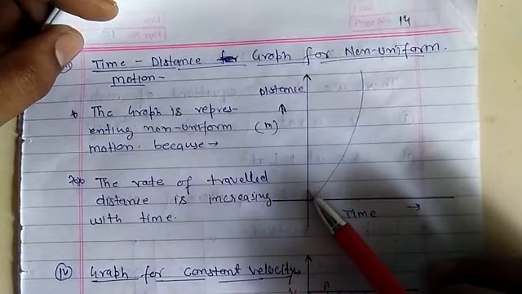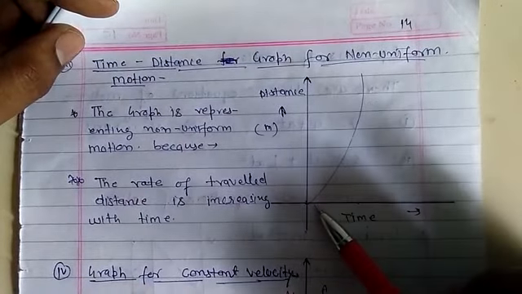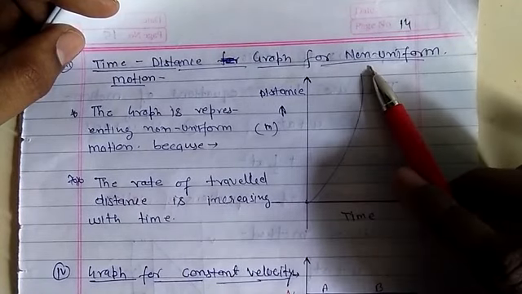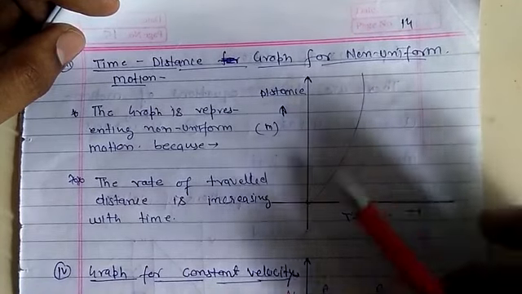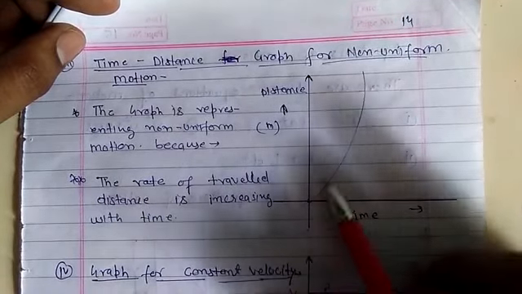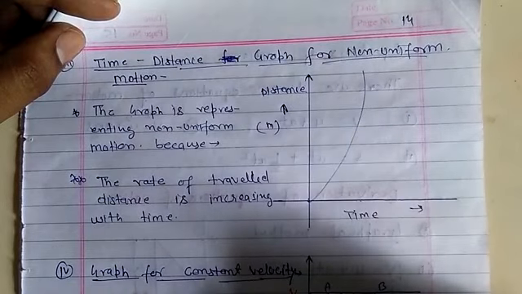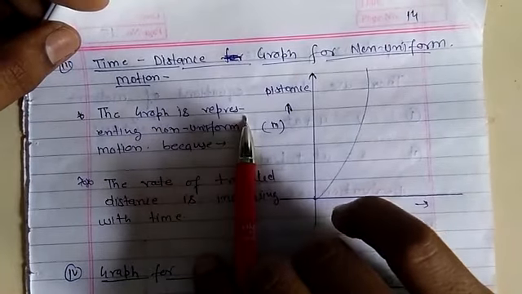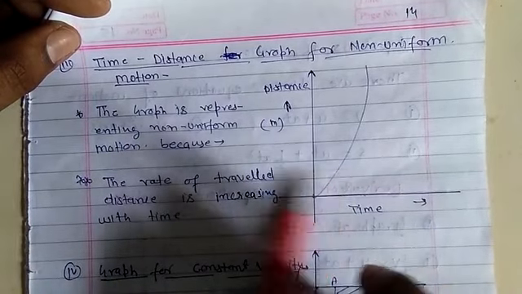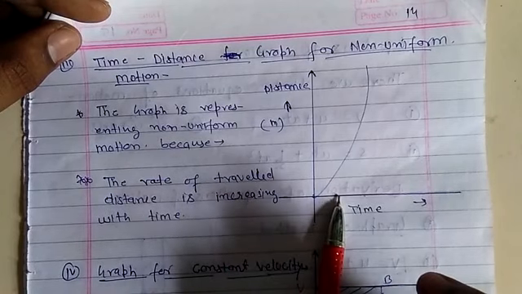But if the slope is curved upward, it means that within a small interval of time the distance increases very fast or decreases very fast, then the line will be a curve. And the graph is representing non-uniform motion, and the rate of travel distance is increasing with time.